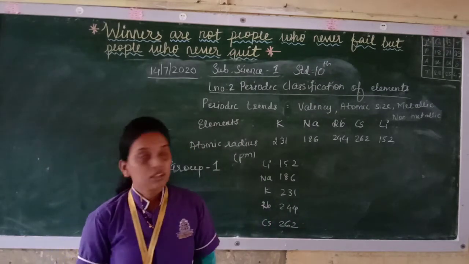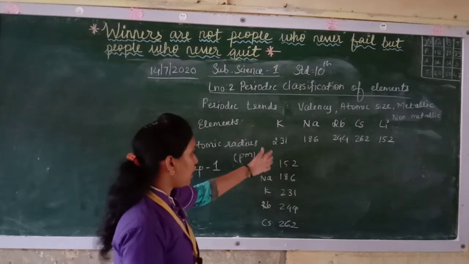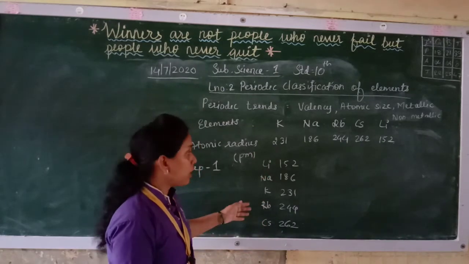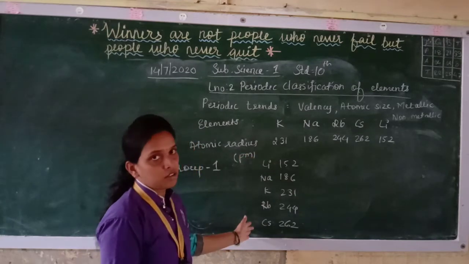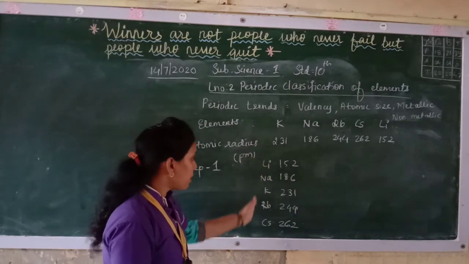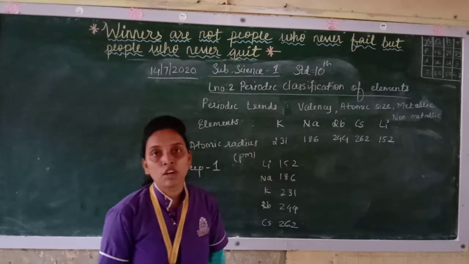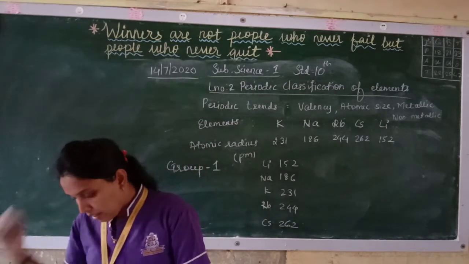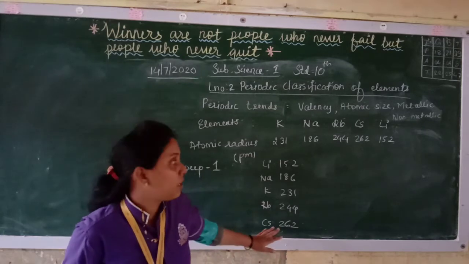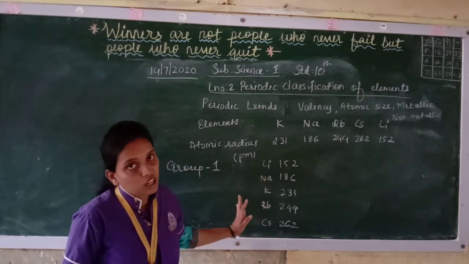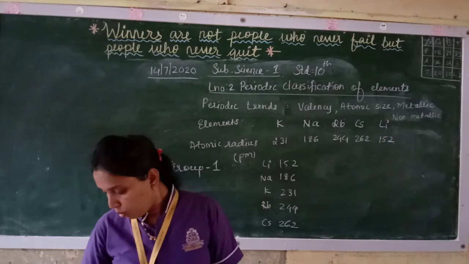Now if you arrange it in increasing order, you have to match with the periodic table. You will find that they are coming in the same first group and they are arranged as they are arranged in the periodic table. They are asking, does this arrangement match with the pattern of group 1 of the modern periodic table? Yes, it is matching with the modern periodic table group 1.